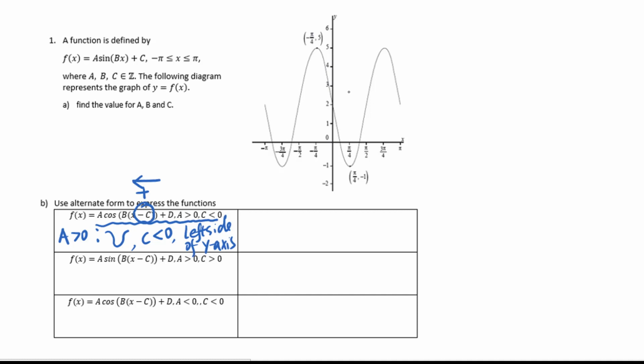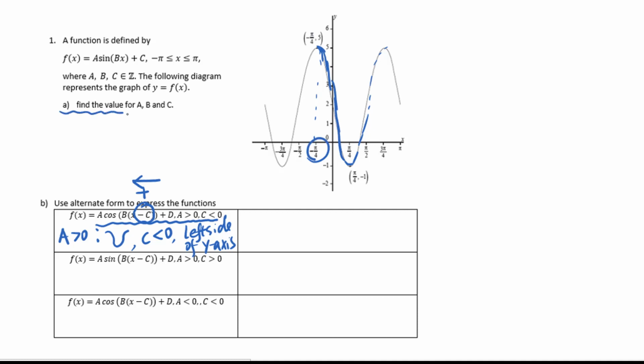So on the graph, we need to draw the positive cosine pattern. The starting point is on the left side of the y-axis. So this will be the starting point. The x-coordinate is negative pi over 4.